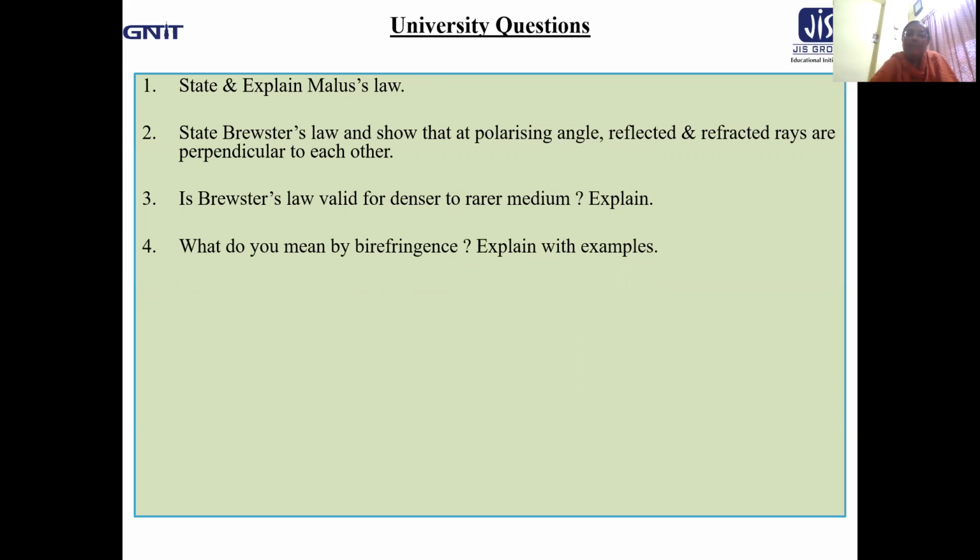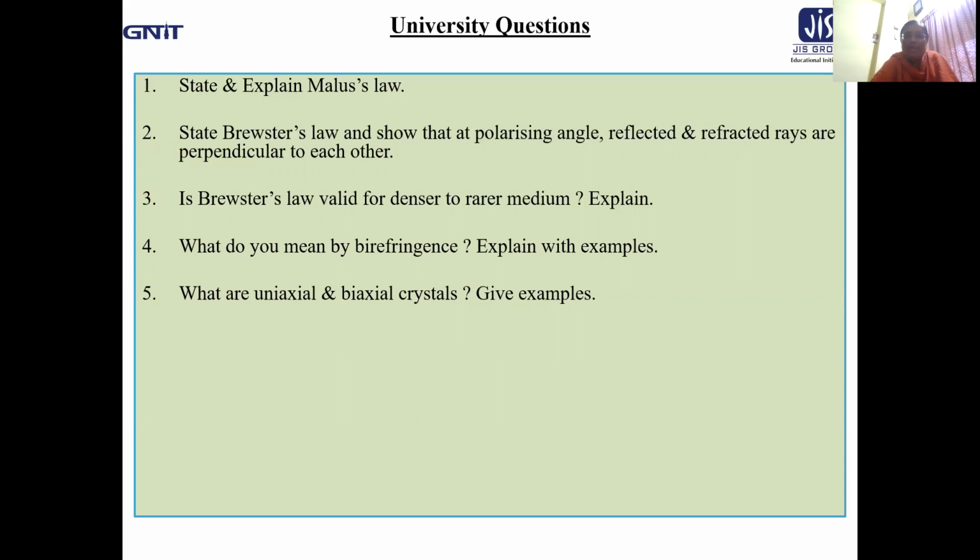What do you mean by birefringence? Explain with examples. Birefringence means double refraction. The term is a little bit different: birefringence is the phenomenon of double refraction. Explain with examples. All of you can do it. Next question: what are uniaxial and biaxial crystals? Give examples.